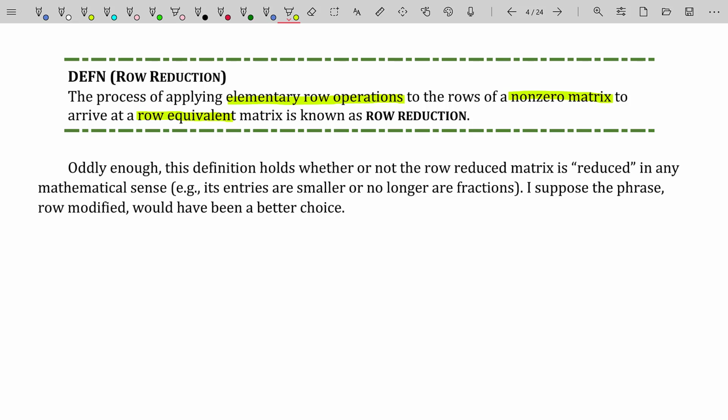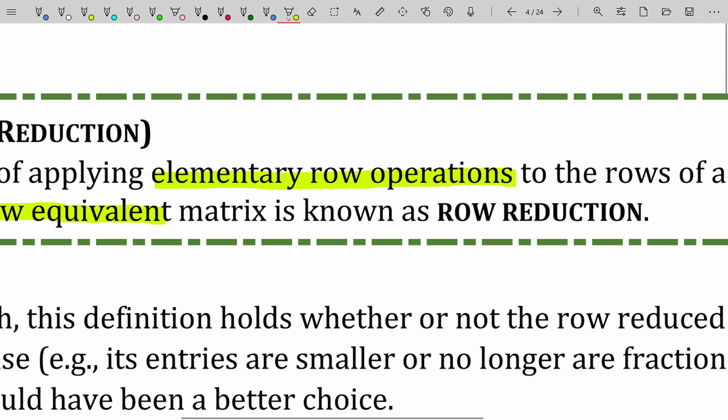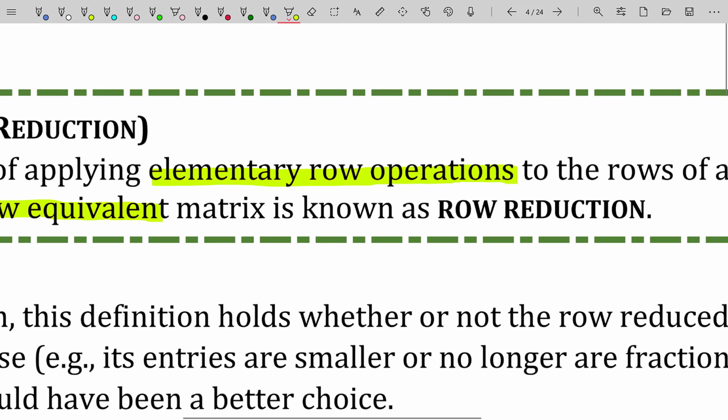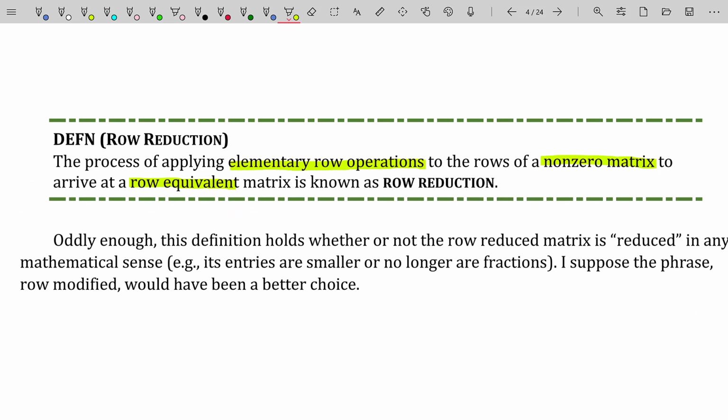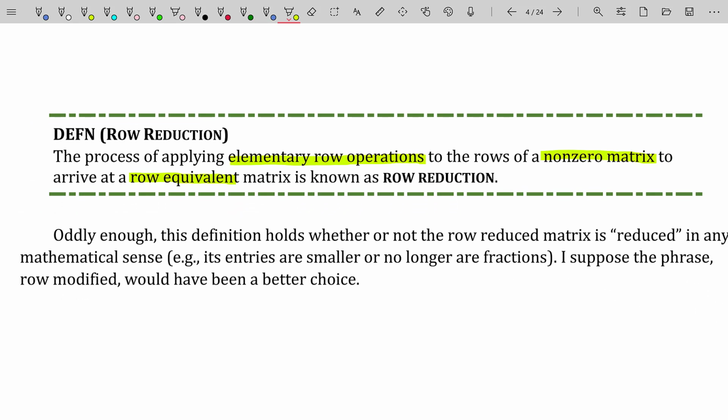You can multiply a row by a non-zero constant, which is called scaling a row in the textbook that I use. And you can add a multiple of one row to another row, which is called row replacement in the textbook I use, although I call that the kill step. So those are the elementary row operations, and they can be applied to more than just a linear system. They can actually be applied to a matrix.